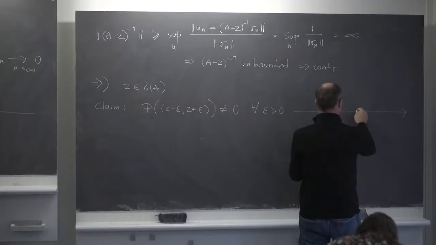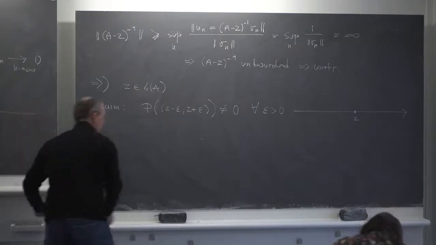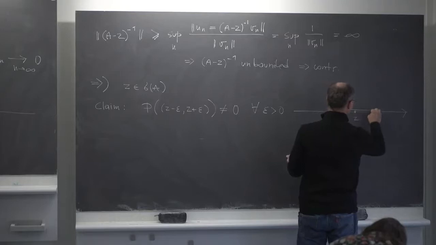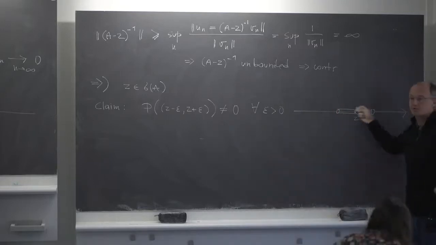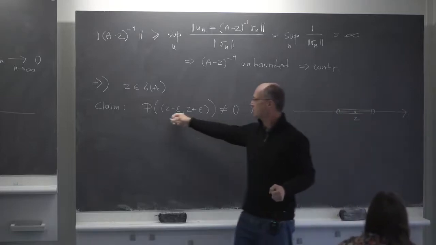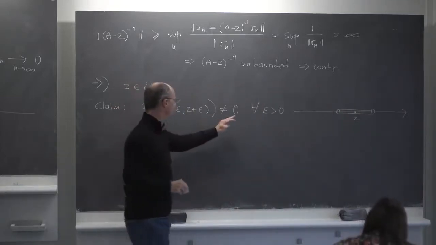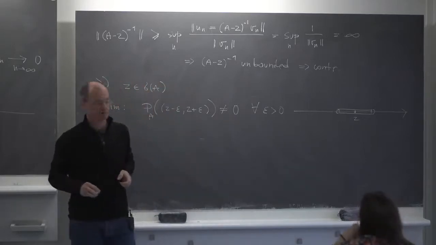So this is my real axis. That's the point z, and I'm taking all those intervals around z. Of course, to each measurable subset of the real line, I can associate the spectral projection, and I claim that all those spectral projections are non-zero.